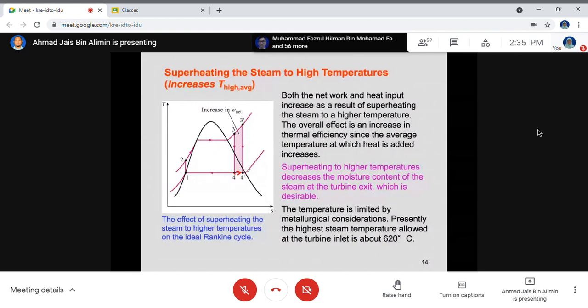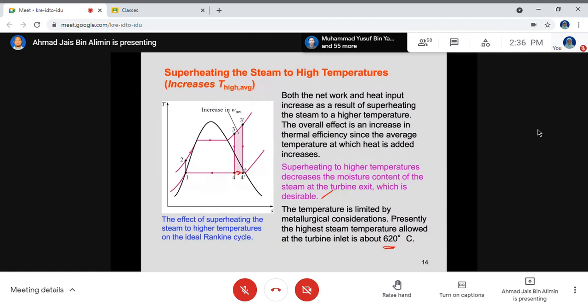Okay, bila kita push tu ke kanan, bila superheatkan wap tu, kandungan cecair akan menurun. Okay, so that's good lah, which is desirable. However, kelemahan dia ialah terhad kepada 600 degree Celsius ataupun sekitar 600 Celsius sebabkan oleh metallurgical consideration.